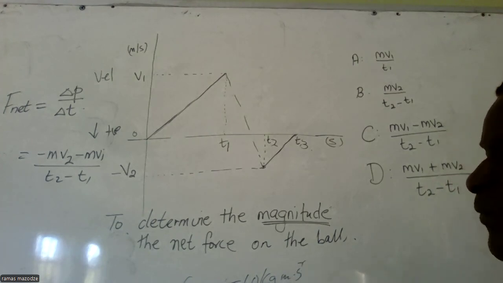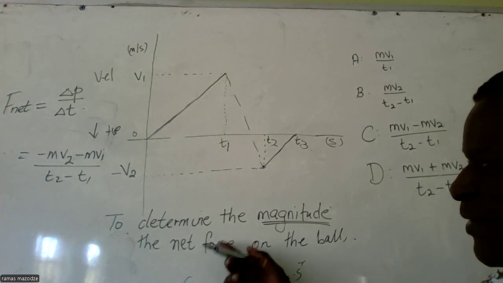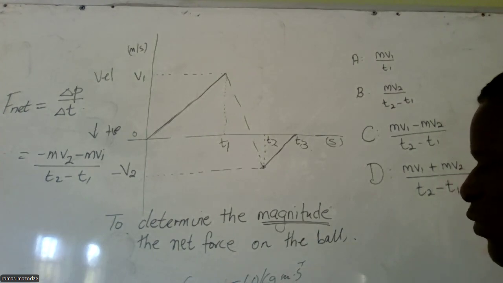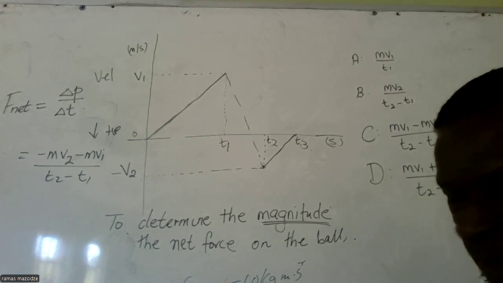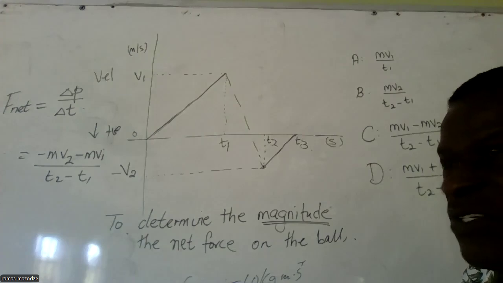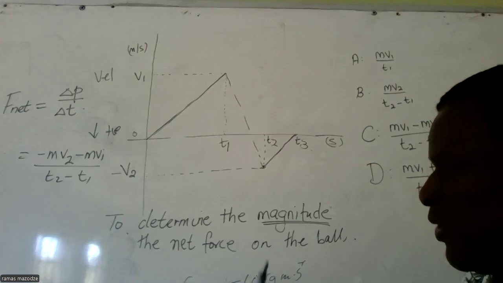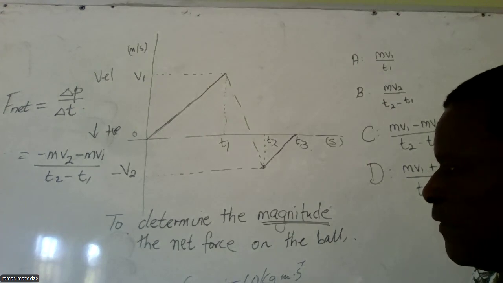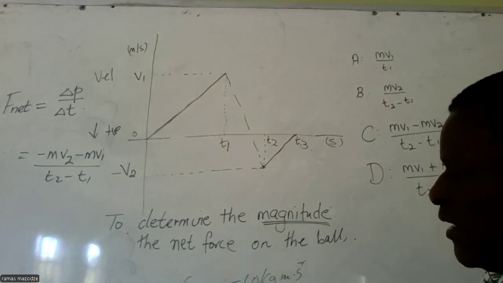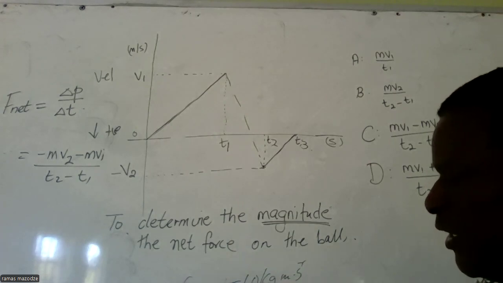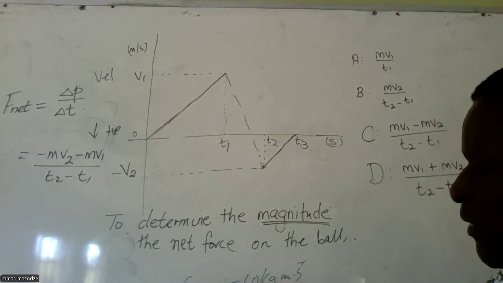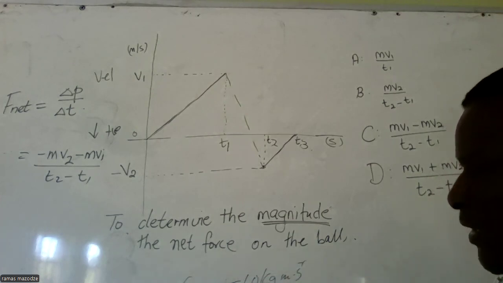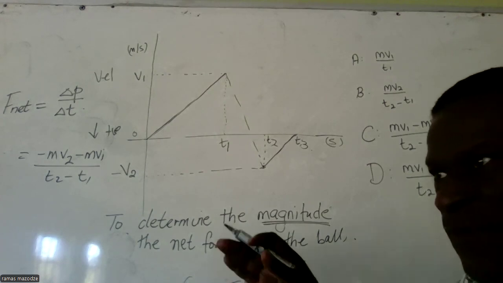If the question was the net force on the ball, it would be minus 10 over t2 minus t1. The negative sign gives you the direction: if you took downward as positive, it shows the net force is upwards. So you calculate the net force, you divide the 10 by the contact time, and your answer will be negative something.